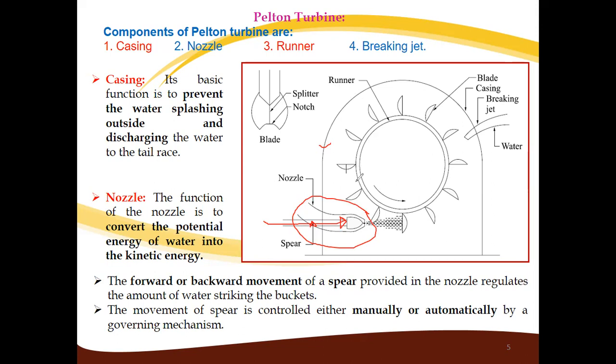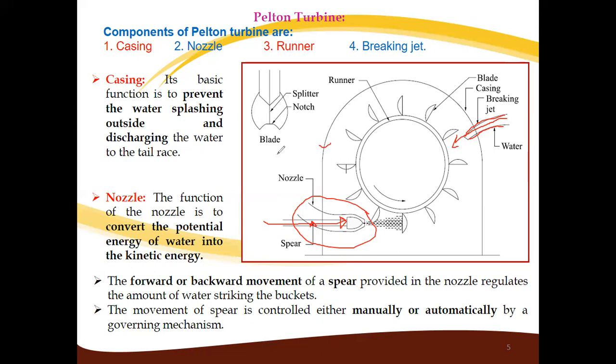This part is the runner, also called the rotor. The fourth part is the braking jet. When we have to stop the Pelton wheel or turbine, the braking jet is used. This is another type of nozzle. It flows the water opposite to the rotation of the runner. So we'll see all these parts one by one.